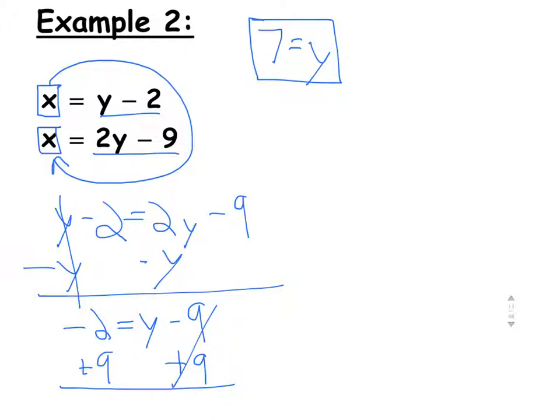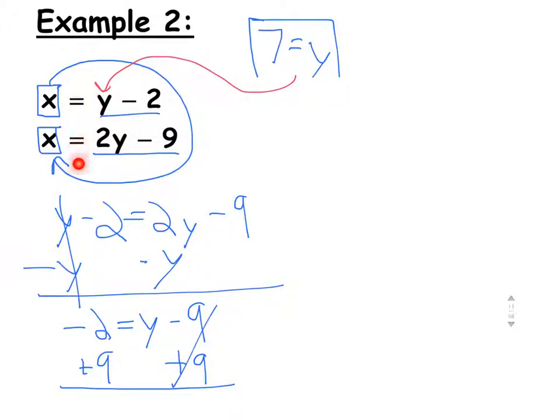So this is a pretty nice case to have for substitution. We just set our two values equal to each other, pretty quick solve, and now if y is equal to 7, this is a pretty easy substitution now in for x. And you can substitute this value of 7 into either equation now, and you should get the same answer. I'm plugging it into the first equation because it's just y.